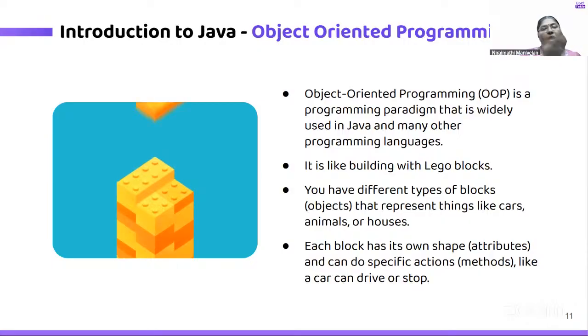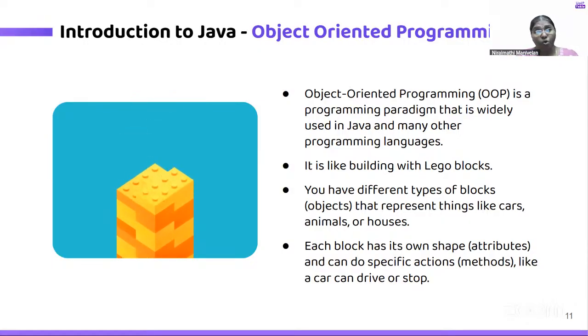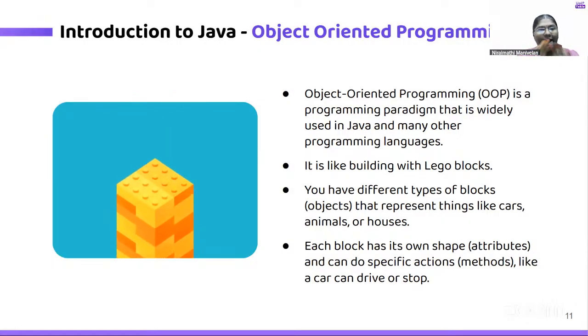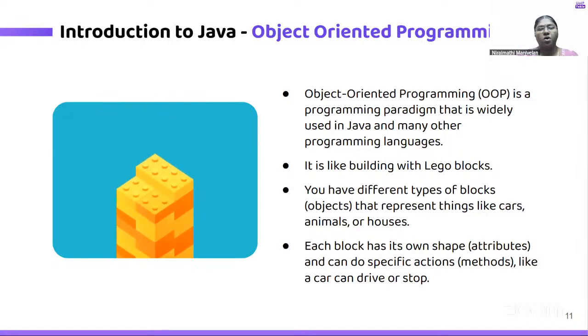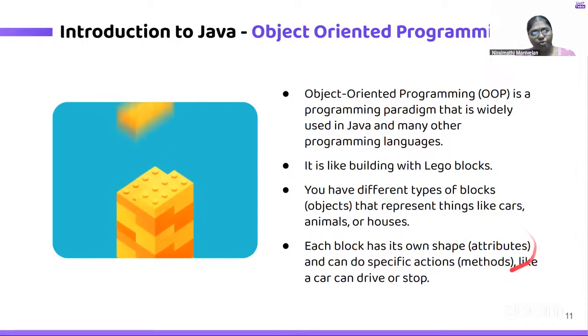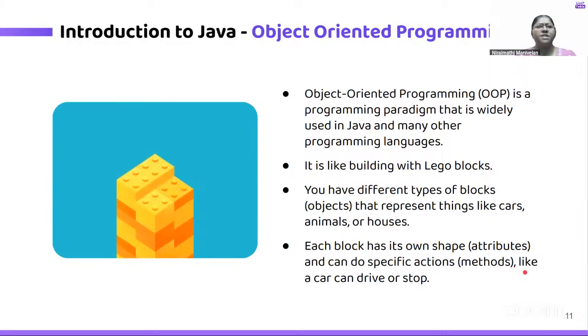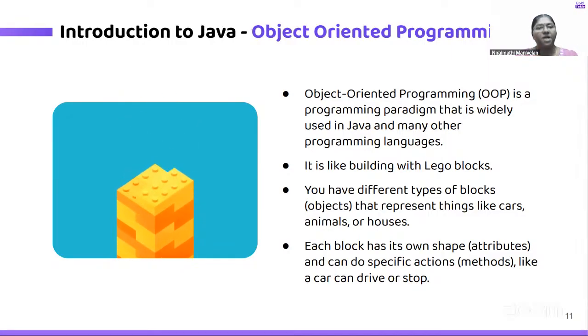If we create one car in black color, the other car will be in blue color. The colors and the shape of the car are called attributes. And what is the function of a car, teachers? You can start a car, you can stop a car, you can reverse. These are the functions of a car, which we call methods.